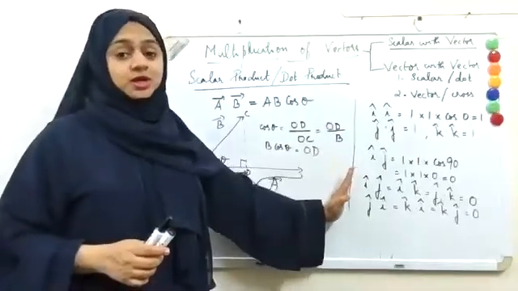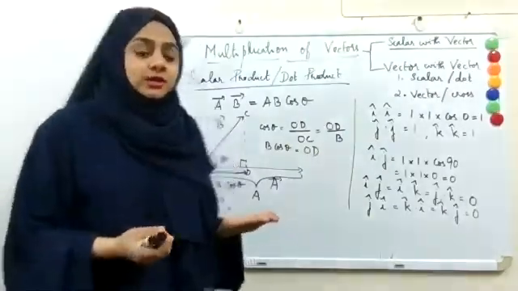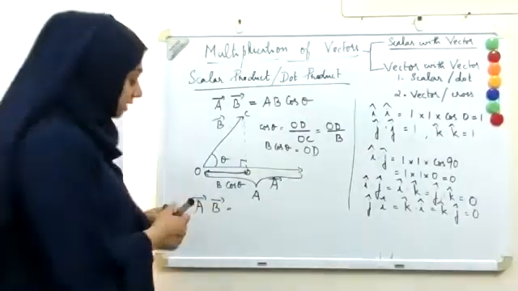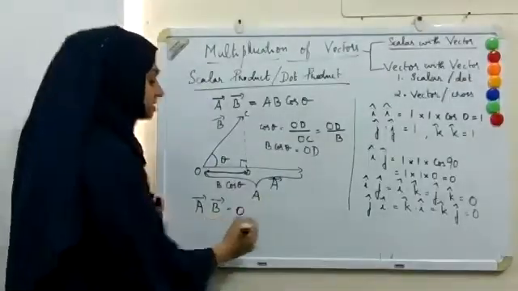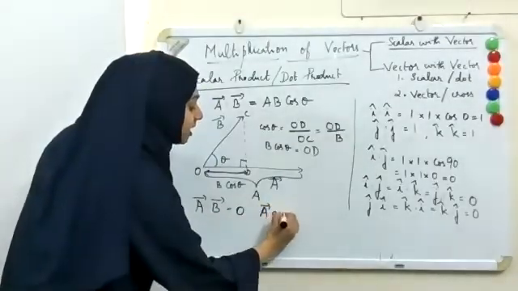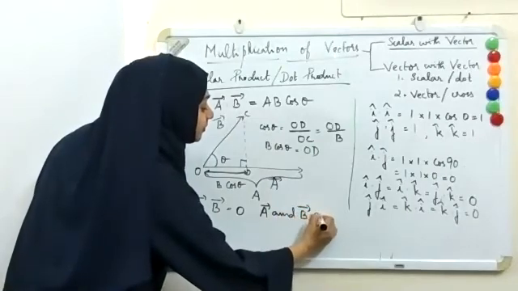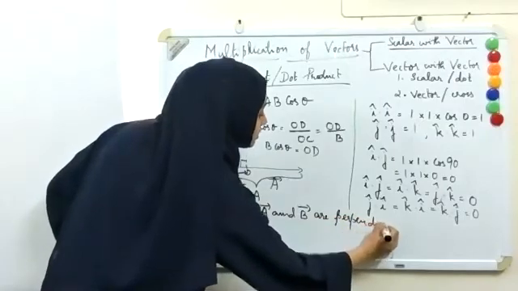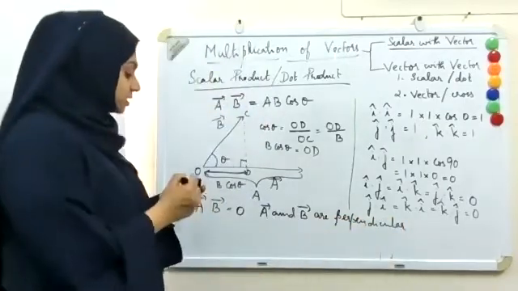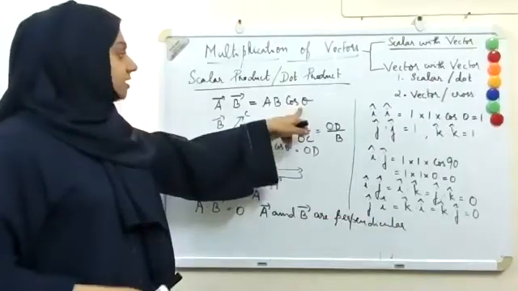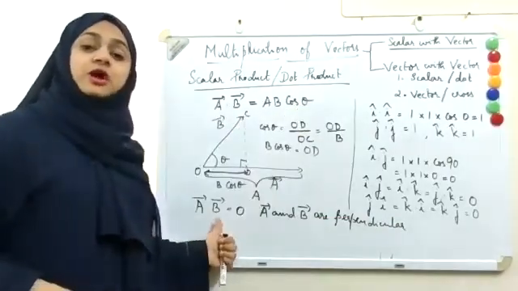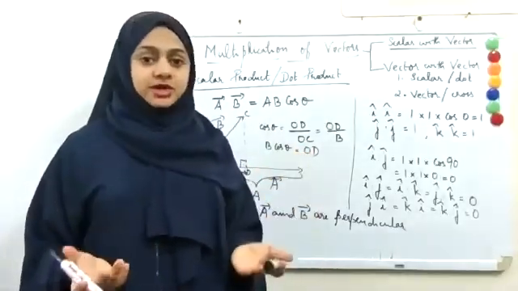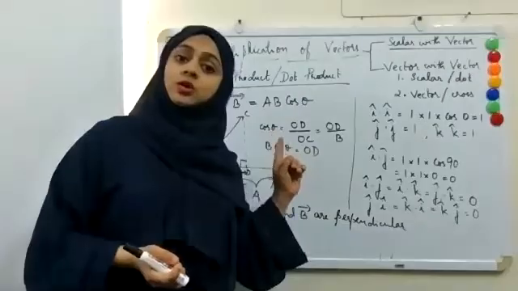This is a particular case, but if I take any two vectors A and B, and A dot B is equal to 0, that means A and B are perpendicular. Because cos 90 is equal to 0, if you are asked to find whether two vectors are perpendicular to each other, you just have to take their dot product.